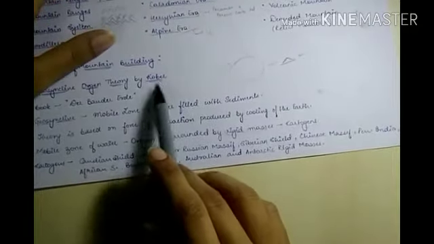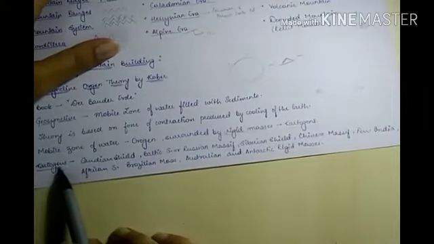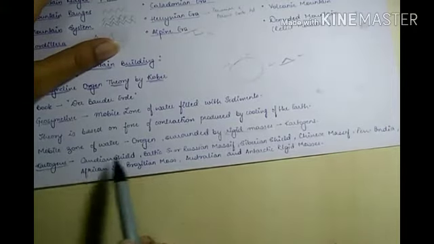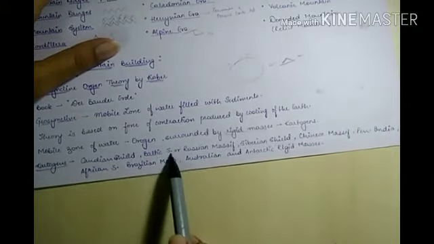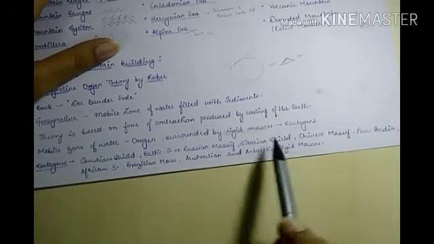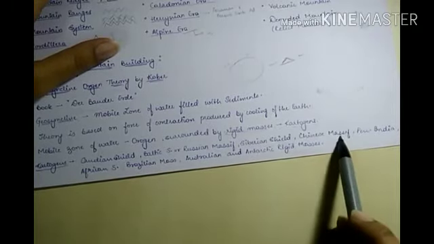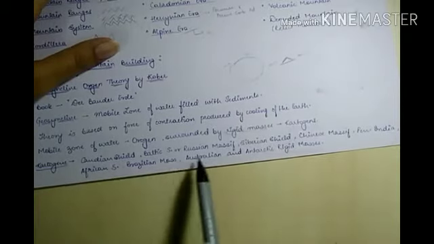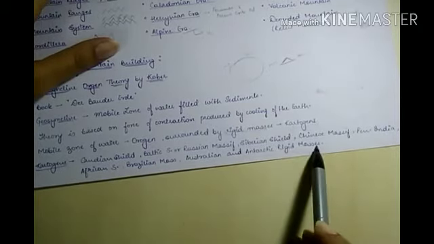Kober gave a few examples of cratogens. They are the Canadian Shield, Baltic Shield or Russian Massif, Siberian Shield, Chinese Massif, Peninsular India, African Shield, Brazilian Massif, Australian and Antarctic rigid masses.